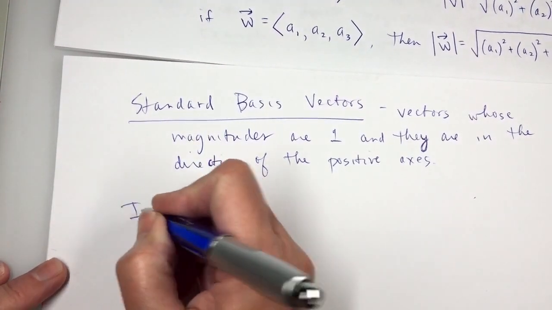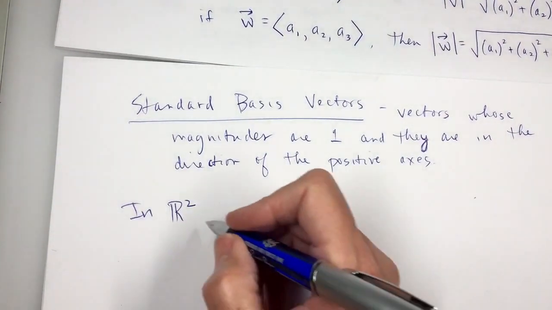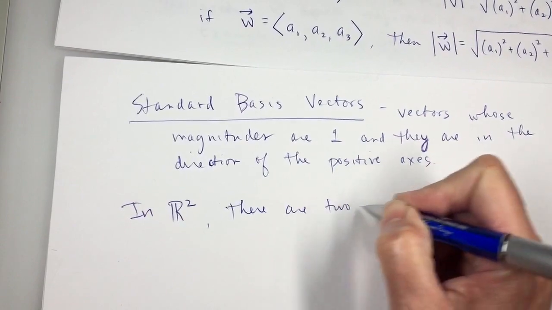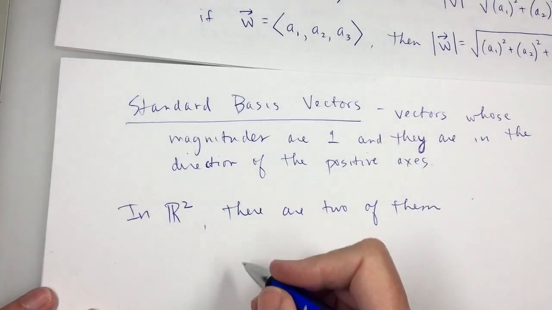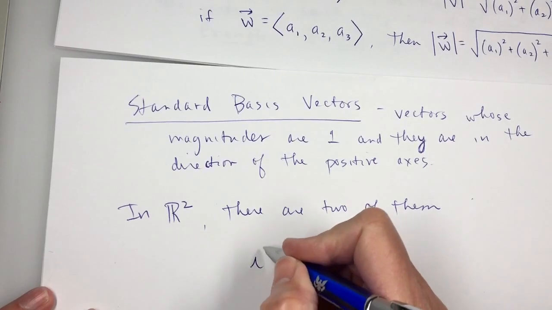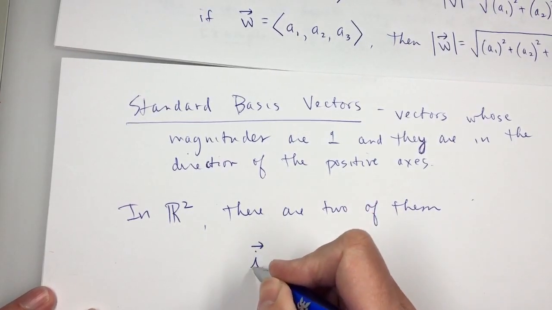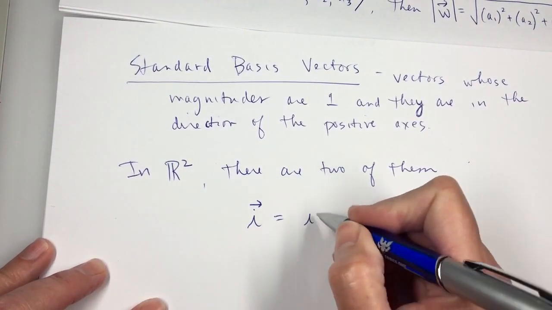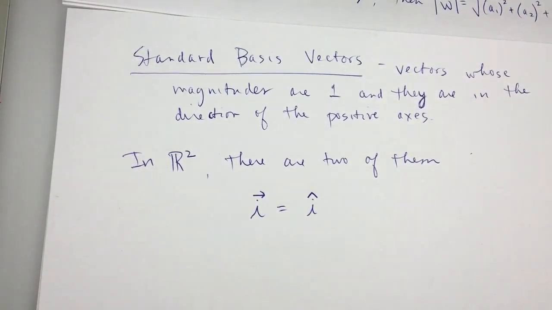So in R2, there are two of them. We would call one of them vector i. I'll write it that way, I can write it i with the little hat on top.